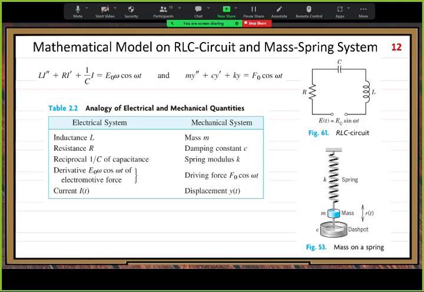It says usually when you do physics experiments on the mechanical system, it is not easy because the error is relatively big. The damping force constant, if you measure those quantities, the error is relatively big, hard to measure.